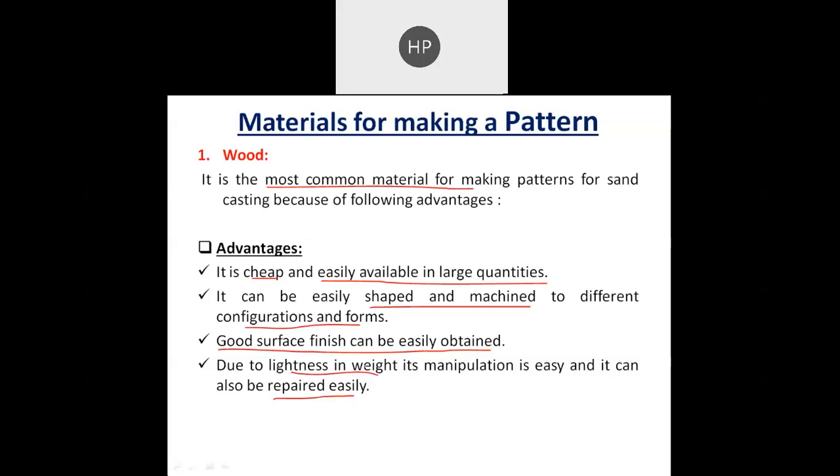And if there is some damage, you can easily repair it. You can join it, you can fill the gap, even temporary joints and permanent joints. Any damage to the wooden pattern we can easily repair.